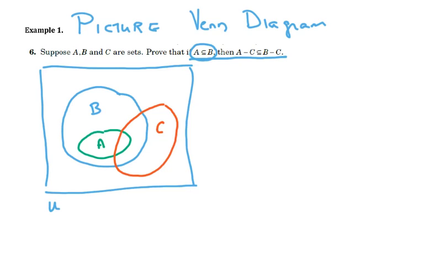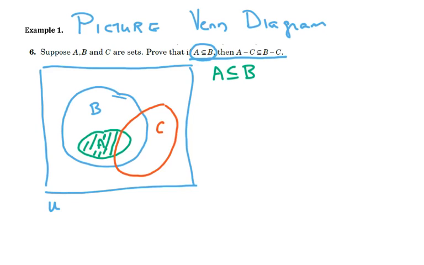So now, let's look at what this is saying. We have the setup. A is a subset of B. So let's look at A take away C. Where would that be? I'll shade that here. This is the set A minus C, right? It includes everything except for the part in the set C. Okay, what does B minus C look like?